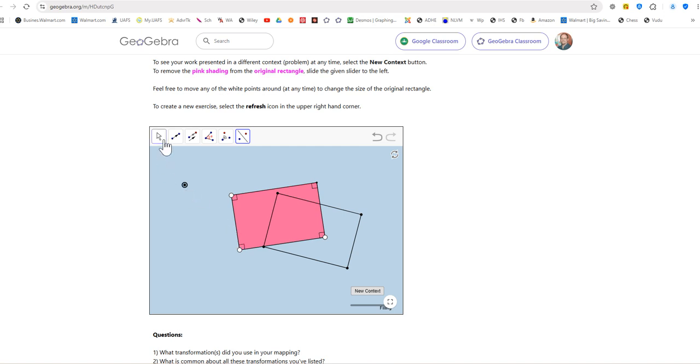There might be more than one way we could do that. For example, we might do it this way. We might go from here to here and then translate that figure by that vector. Now we could rotate. Let's measure an angle here from here to here to here.